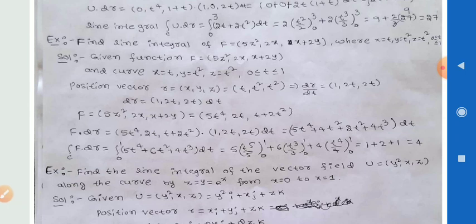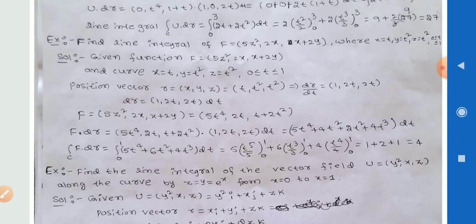By doing the dot product of the given vector with the position vector, we get F dot dr equal to (5t^4, 2t, t + 2t^2) dot (1, 2t, 2t) dt. By doing the dot product, we get (5t^4 + 4t^2 + 2t^2 + 4t^3) dt.